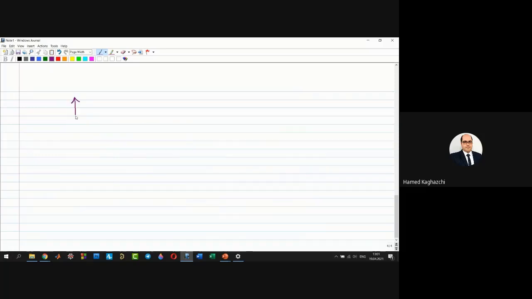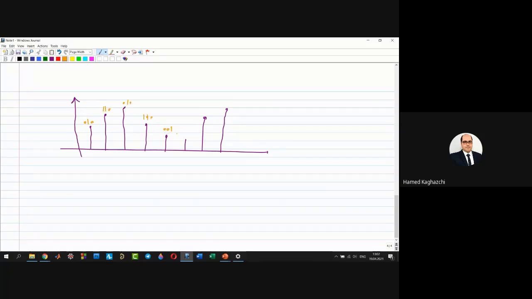Now what happened? Suppose that I have this sampled data, and I determine that this code, for example, belongs to 101, 001, 000, 111, 101. What happened? For each sample, I will have this code.